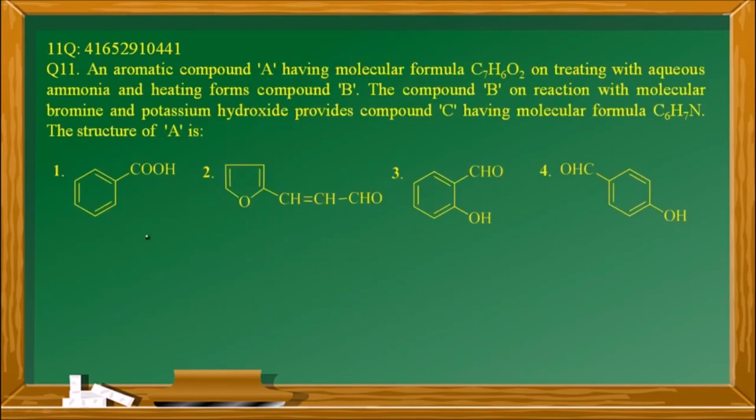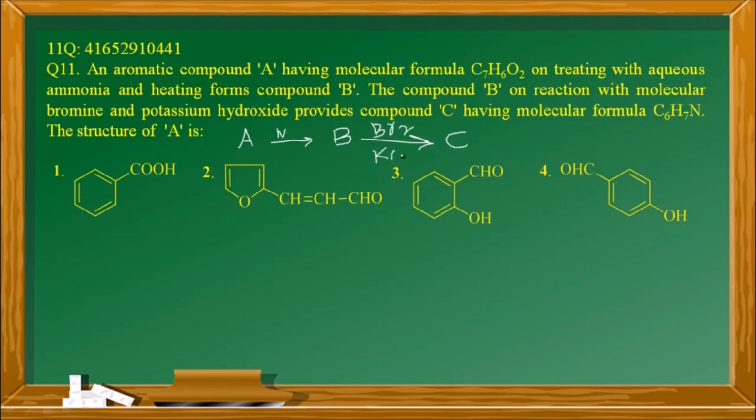Next, number 11. An aromatic compound A having molecular formula C7H6O2, on treating with aqueous ammonia and heating, forms compound B. Compound B on reaction with molecular bromine and potassium hydroxide provides compound C having molecular formula C6H7N. The structure of A is? So A upon reaction with ammonia forms B, and B upon reaction with bromine and potassium hydroxide gives C. What is the reagent?